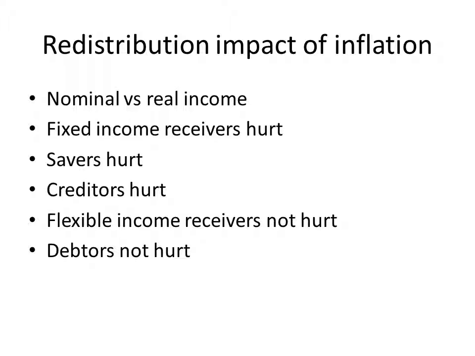So as inflation rises, or in other words, prices rise, even though your nominal income may go up, your real income may go down if your income doesn't rise as fast as the inflation rate. So therefore, real income is dropping while inflation rates are going up.